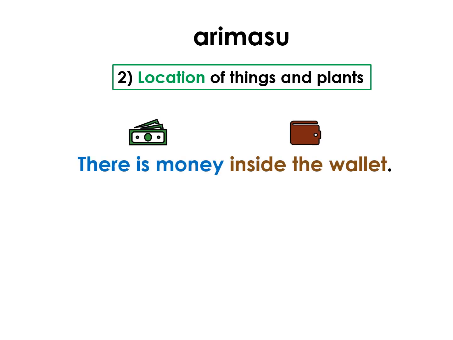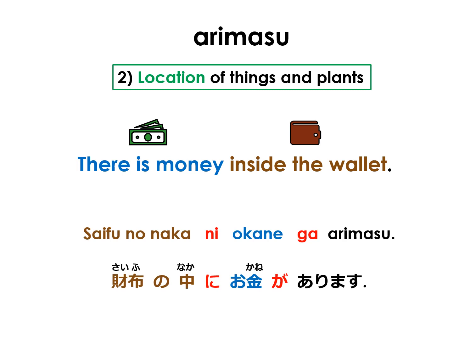To say there is money inside the wallet, in Japanese, we say the location first, saifu no naka, followed by the particle ni, then what exists is said next, okane, followed by the particle ga.